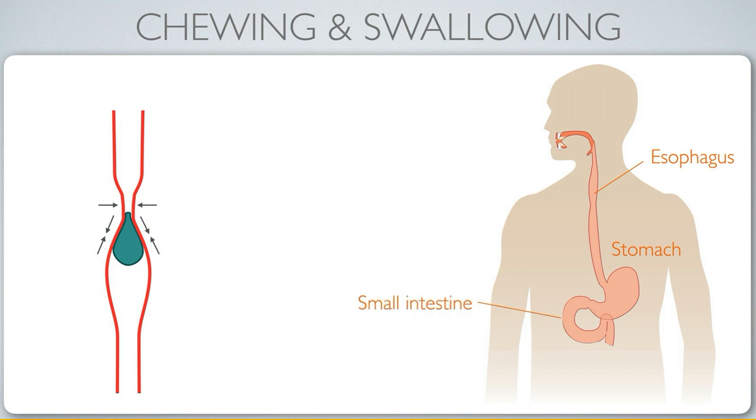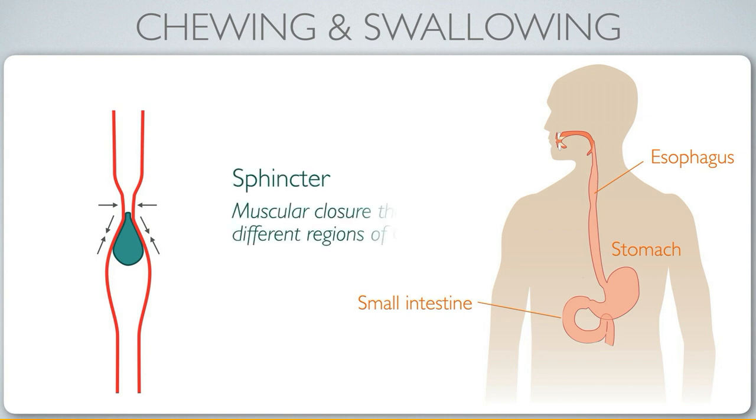Now, the stomach, as you're probably aware, has a highly acidic environment in its interior, in the lumen of the stomach. And so in order to protect the epithelial lining of both the esophagus and the small intestine, the stomach has a closure, a muscularized seal that isolates that acidic environment in the stomach from those other regions of the GI tract.